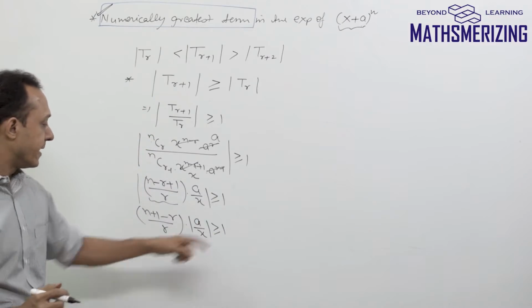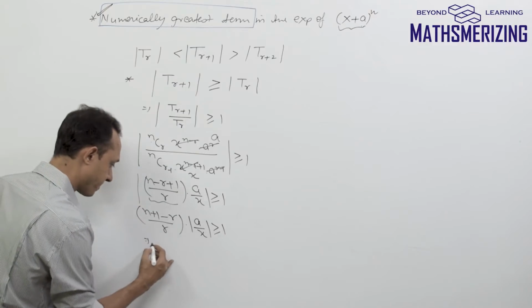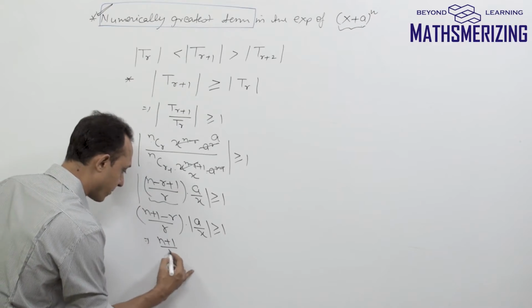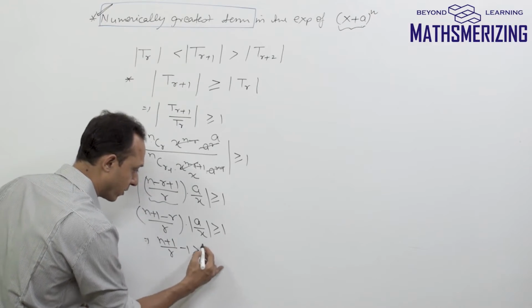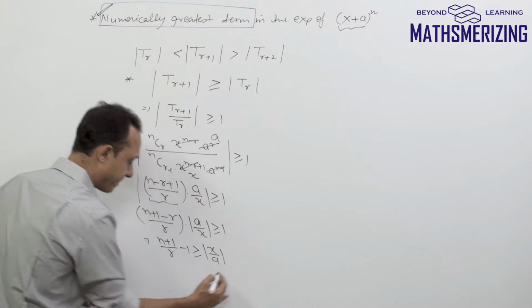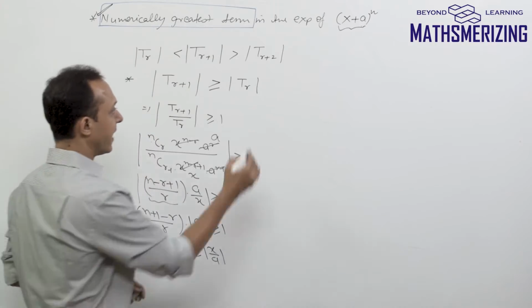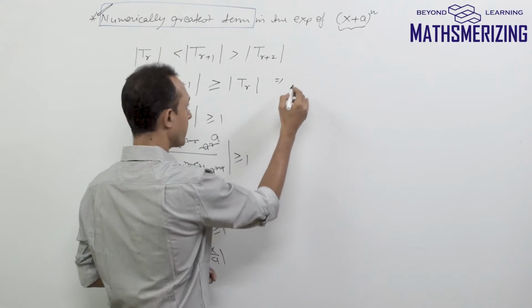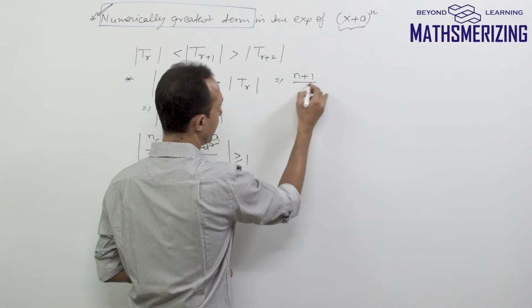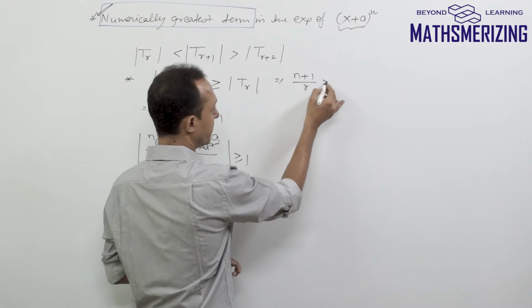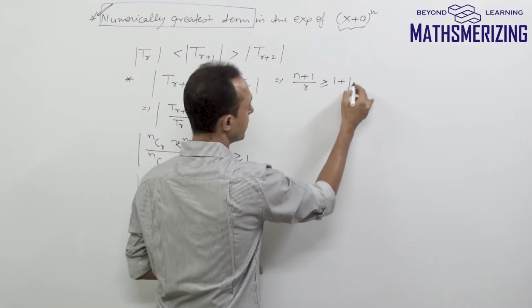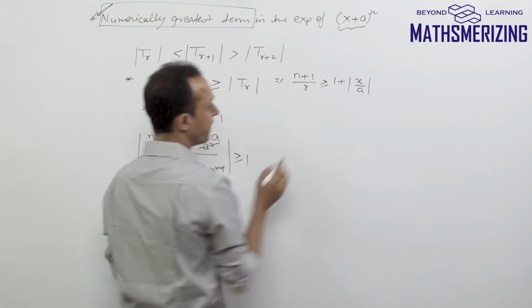So I'll take it on the right hand side, so I can write it as (n plus 1) upon r minus 1 should be greater than or equal to mod of x upon a, and if I take it on the right hand side, I can simply write it as (n plus 1) upon r, and it should be greater than 1 plus mod of x upon a.